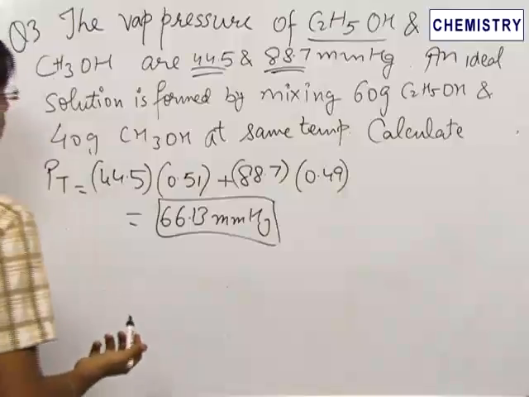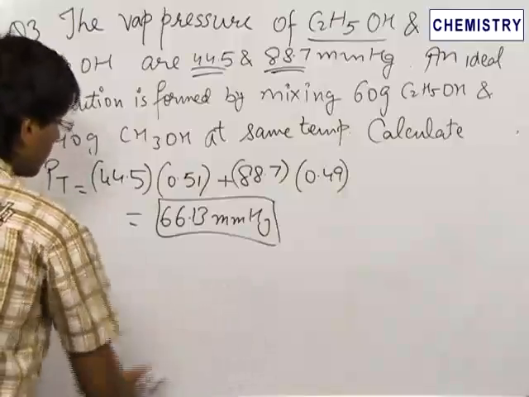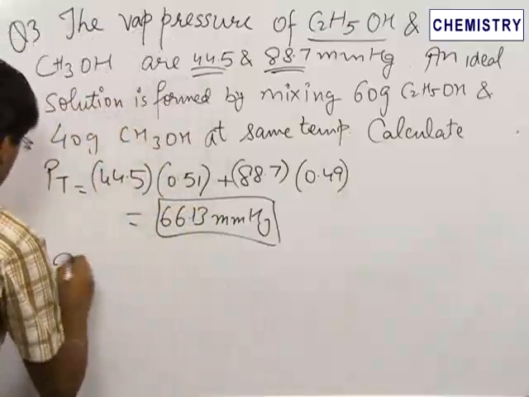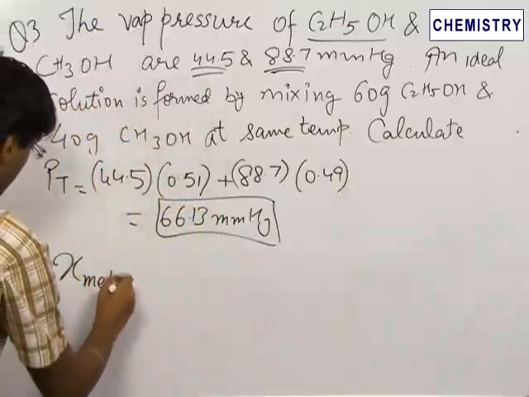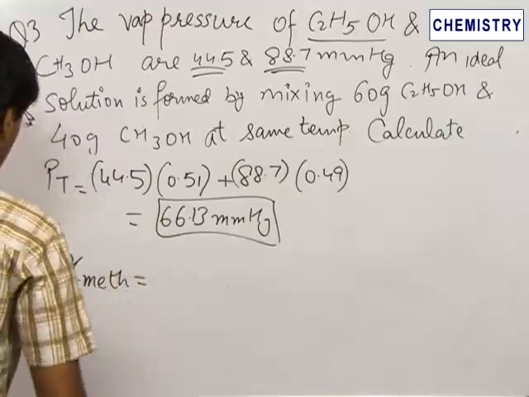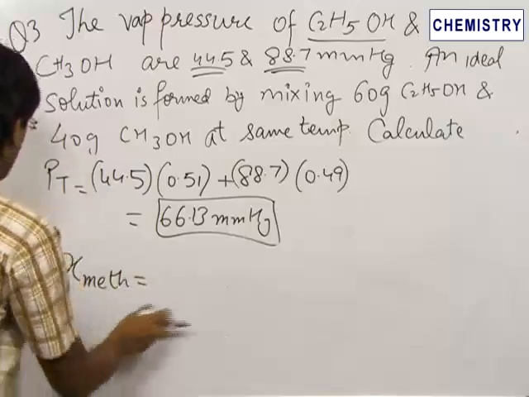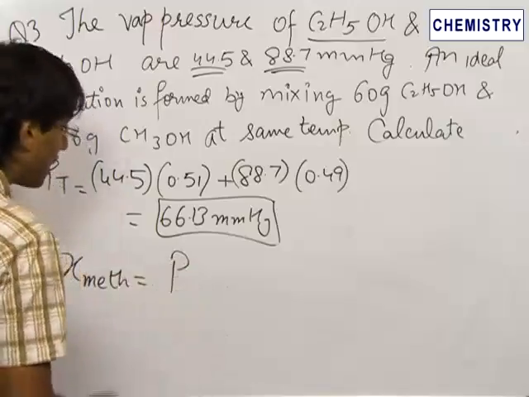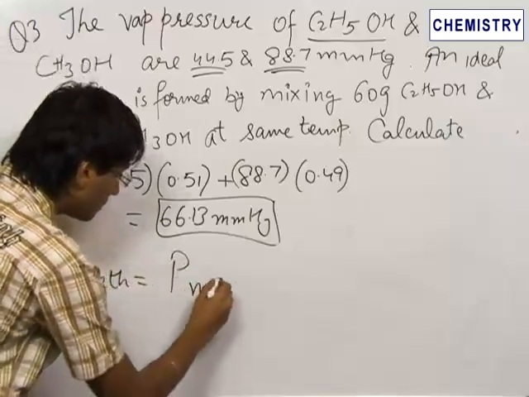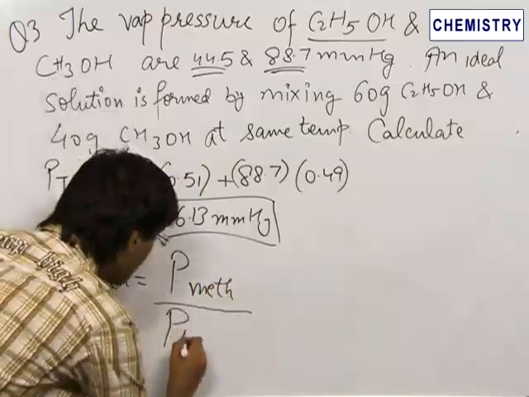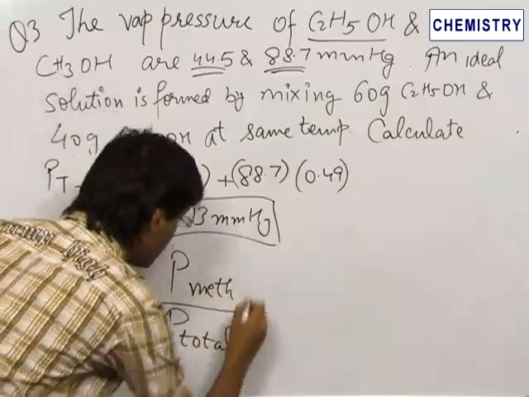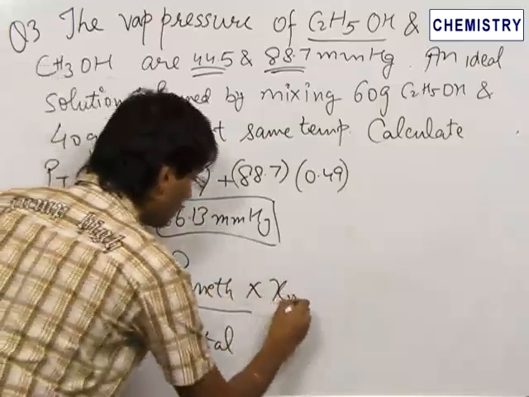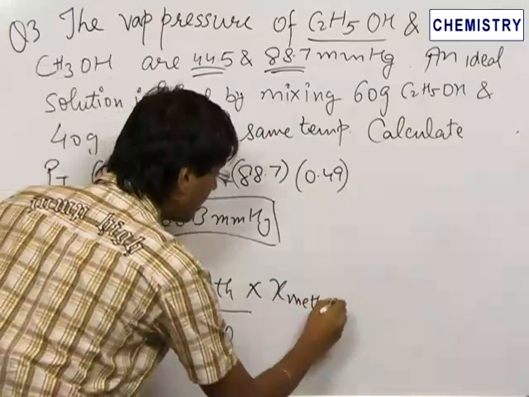In the second part, we need to find the mole fraction of methanol in the vapor state. For this, very obviously, the mole fraction of methanol in the vapor state is equal to the vapor pressure of methanol upon the total pressure into the mole fraction of methanol in the liquid state.